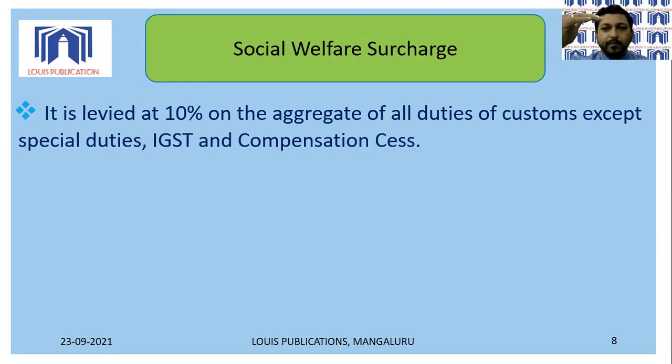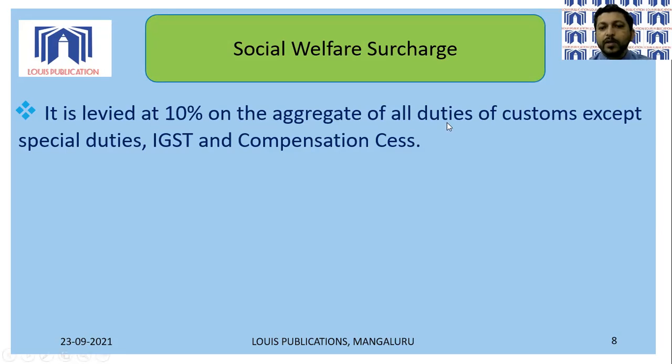After social welfare surcharge, we will have items like special duties, like your anti-dumping duty, protective duty, safeguard duty, re-importation duty, all will come below social welfare surcharge. And at the end, we will have IGST and compensation cess. On all these numbers, social welfare surcharge is not leviable.